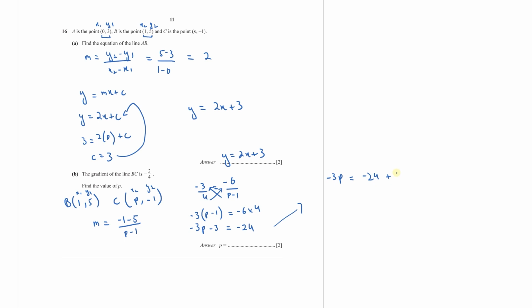Sorry, this is plus 3 here, because this minus becomes positive. So minus 3p equals minus 24 minus 3, as this plus 3 goes to the other side and becomes negative 3. So minus 3p equals minus 27. Minus cancels out. 3p equals 27. And p equals 27 divided by 3, which is 9. So your value of p would be 9.